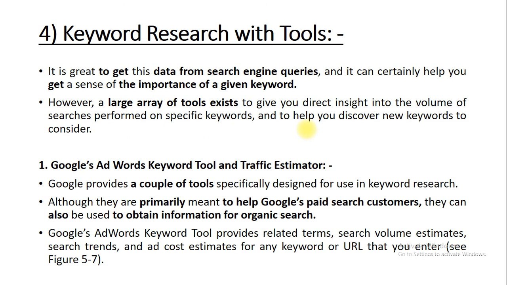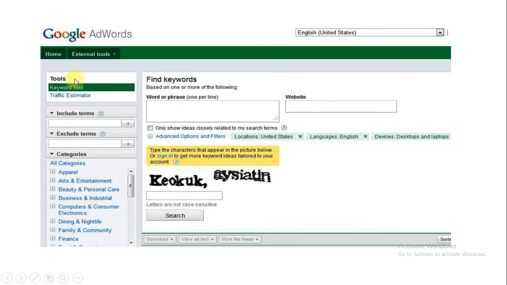Generally Google has the Google AdWords keyword tool as well as the Google Traffic Estimator, which gives you the facility to research paid search for customers, and you will also get information regarding organic search. So both of these tools of Google are given here. You can select any of them.